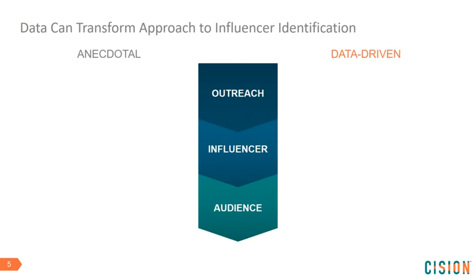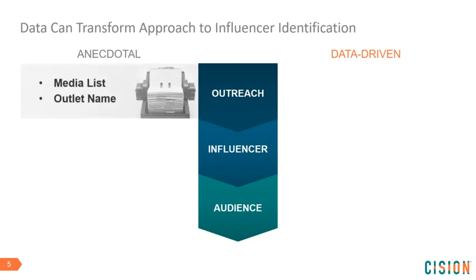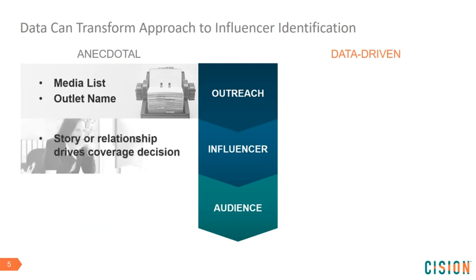Today's communicators must also change the way that they think about influencer identification. So the anecdotal model for influencer identification is a little outdated. I'll paint the picture for you a bit. But for outreach, if communicators want to get traction with traditional media or news influencers, they do it based on the media list they have on file, or they tap into the existing relationships they have.